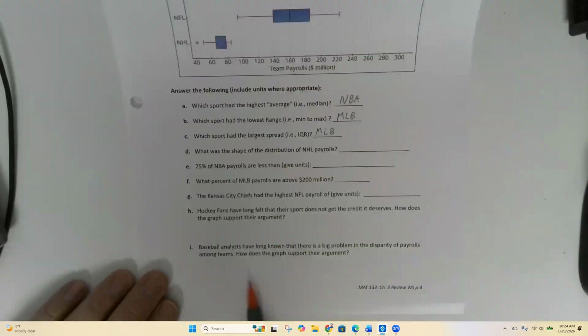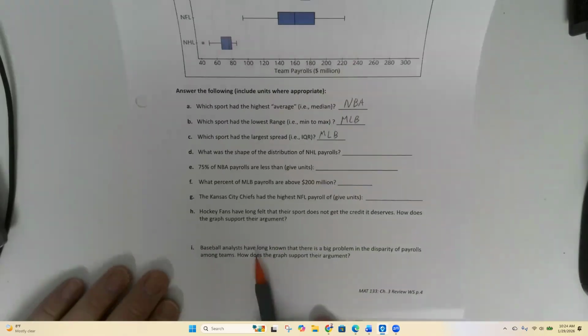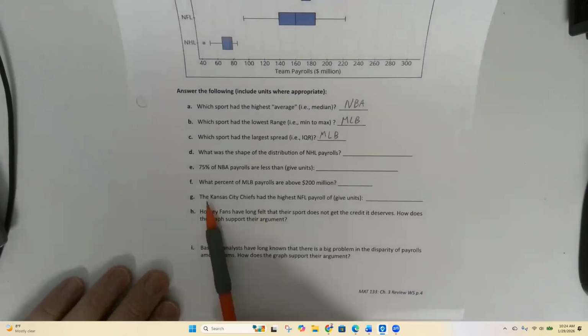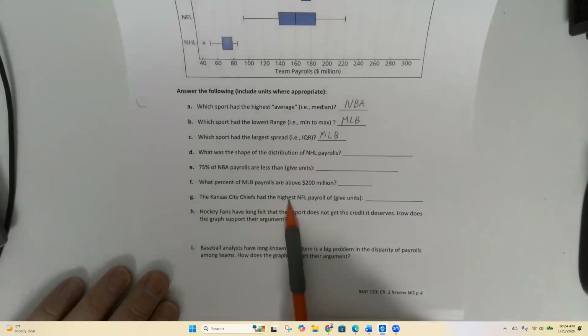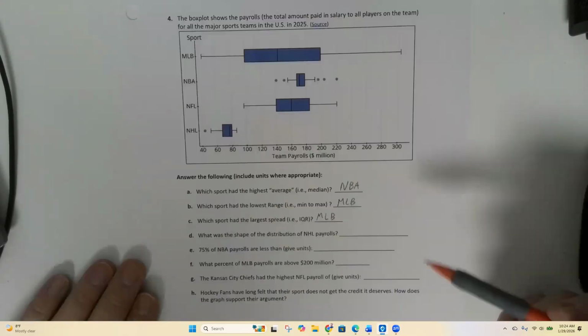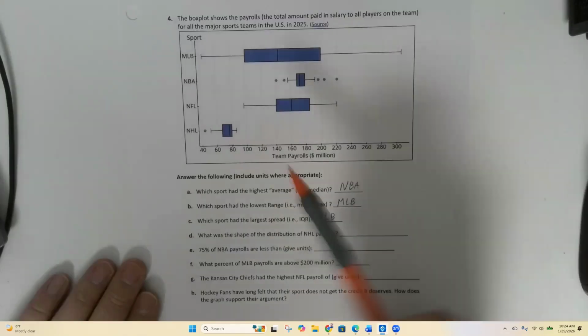All right. I'm gonna skip through some of these. Let's do G and then we'll stop the recording. So Kansas City Chiefs had the highest NFL payroll of what? Make sure you give units. So Kansas City Chiefs are NFL.